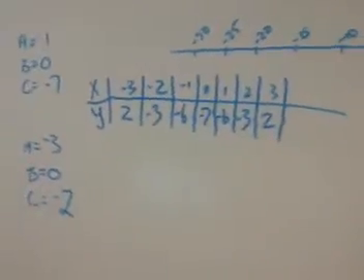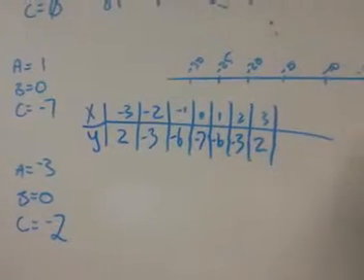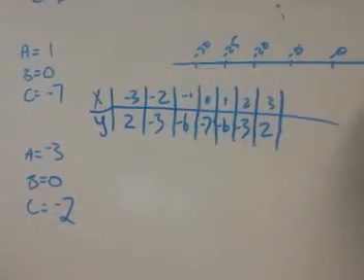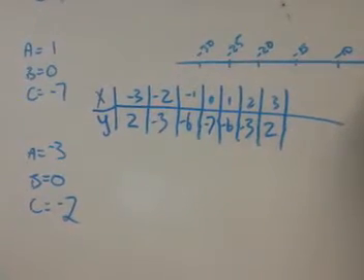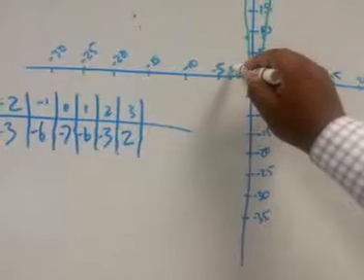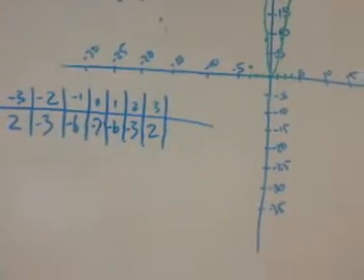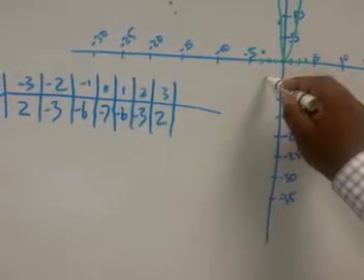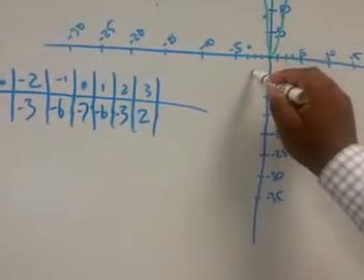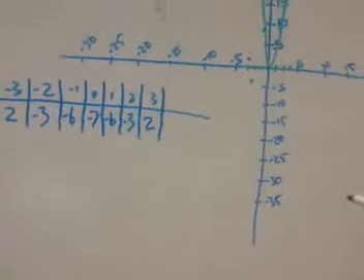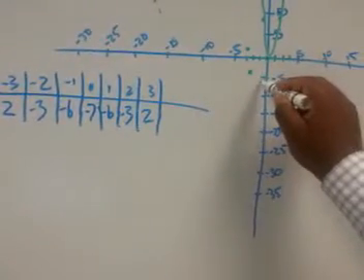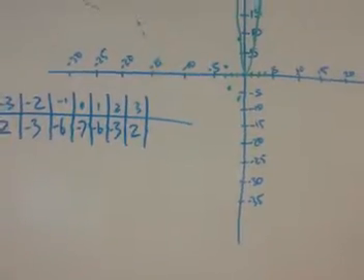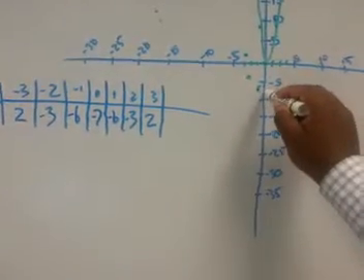Okay, so when x is negative 3, y is 2. Let's put that there. When x is negative 2, y is negative 3. We dropped all the way down here. When x is negative 1, y is negative 6. When x is 0, y is negative 7.